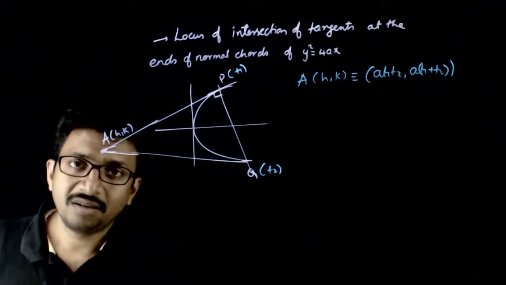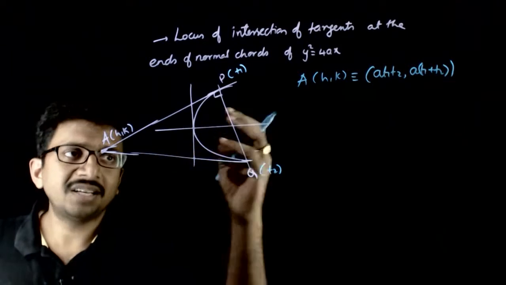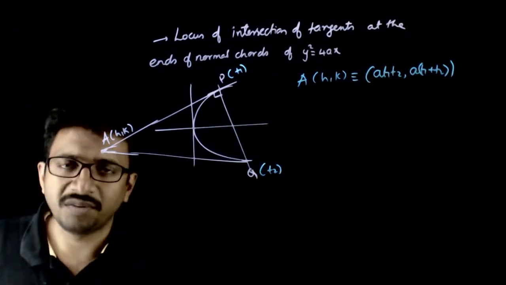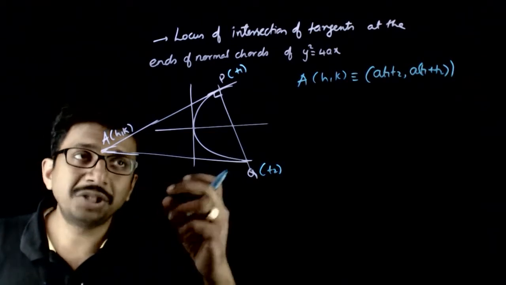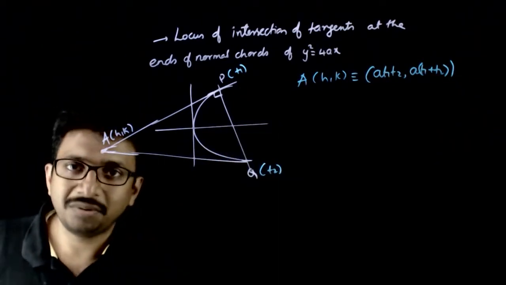Next, what is the condition that this PQ has to satisfy? This PQ has to be a normal chord of this parabola. So how do we ensure that once you join T1 and T2, you get the normal chord of the parabola?